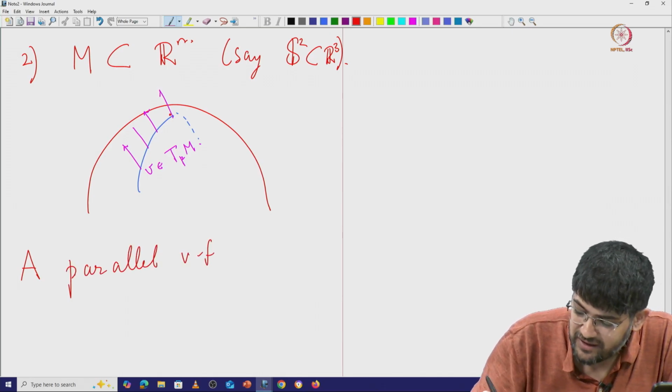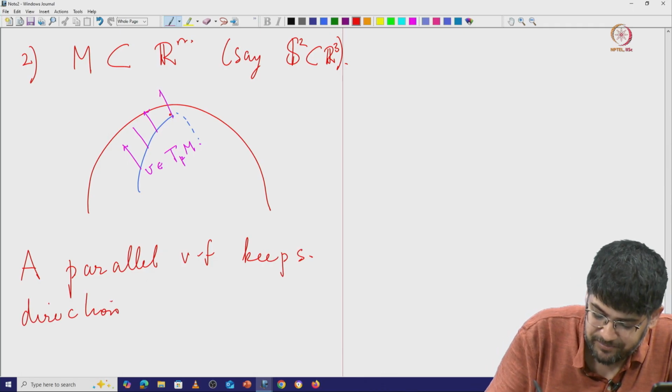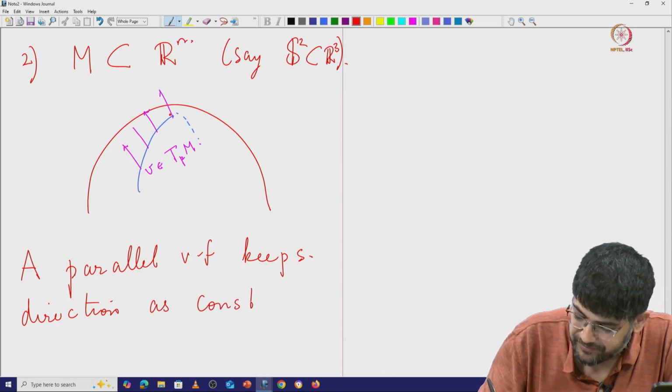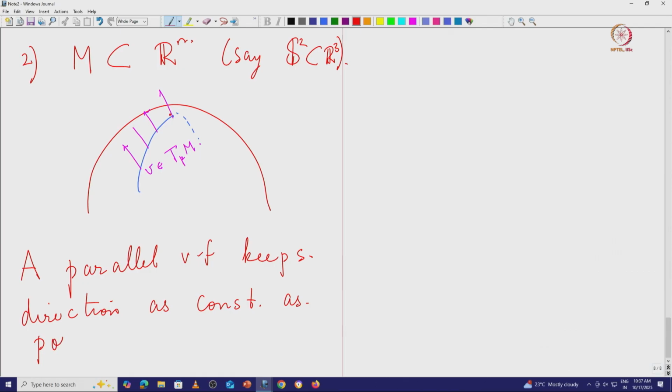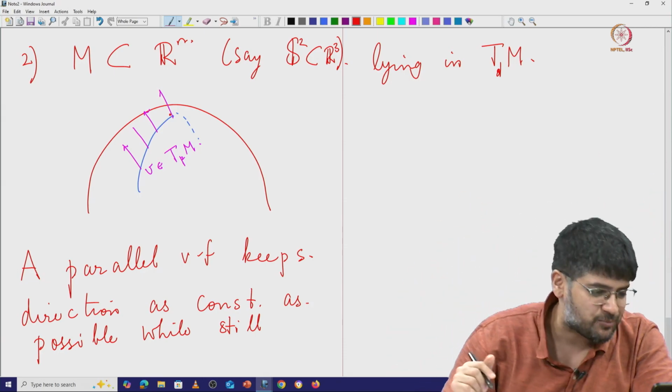A parallel vector field keeps the direction as constant as possible while still lying in the tangent space to M. So it tries to keep its direction as constant as possible in Rn, but at the same time it also wants to be tangential to M. So the solution is that at each point you parallel translate as if you are in Rn and then keep projecting onto the tangent space to M.